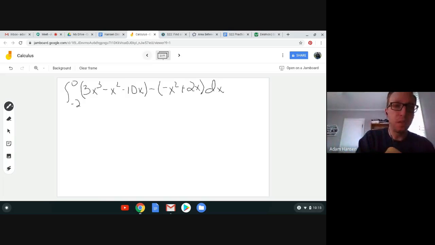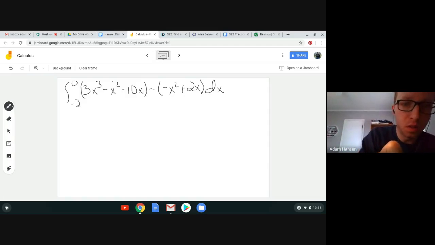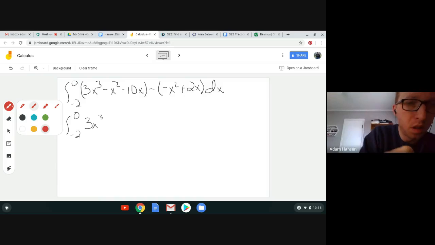Okay. Let me go back to the first definite integral, and we'll start simplifying. So I'll bring down the definite integral from -2 to 0 of 3x cubed minus x squared minus negative x squared. That's going to cancel out to 0.